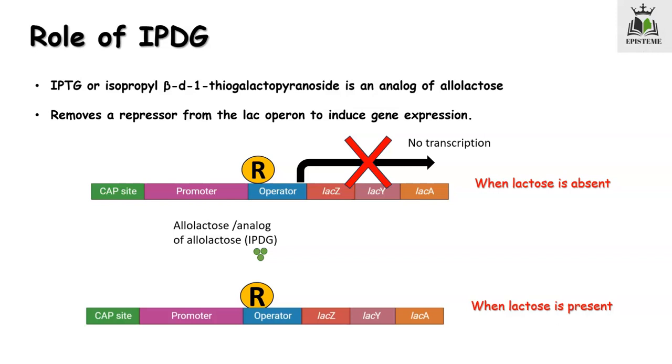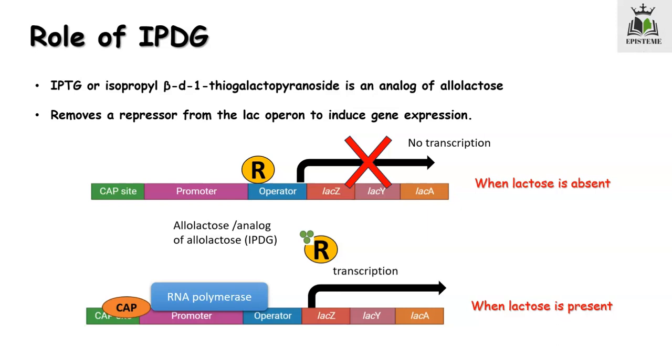So this compound specifically binds to the repressor, and upon binding, it removes the repressor from the operator region. Next the CAP binds to the CAP site, the RNA polymerase also binds to the promoter region, and the transcription of the lac Z, lac Y, lac A regions is initiated.